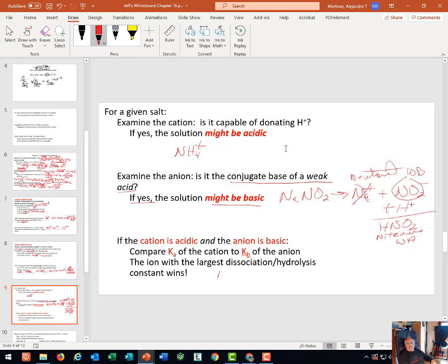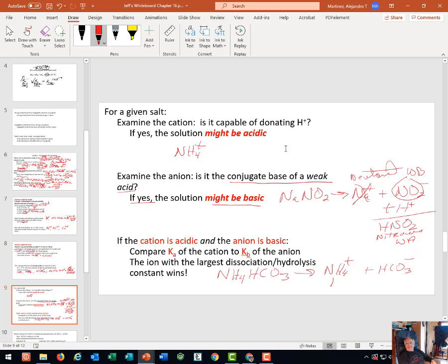So one of the classic examples of this is NH4HCO3. This is ammonium bicarbonate. It's a soluble salt. It's going to dissociate into NH4 plus and HCO3 minus.